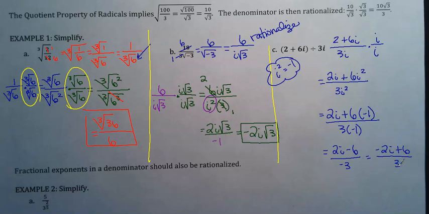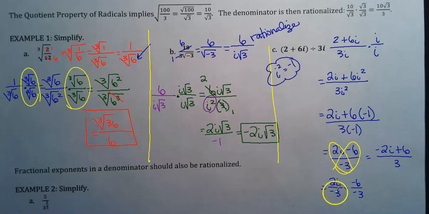But actually, the most common thing is going to be to split these in two pieces, since 6 can be divided by 3. So I would say this is going to be 2i over negative 3, plus negative 6 over negative 3, right? Because this negative 3 has to be divided out between each term.